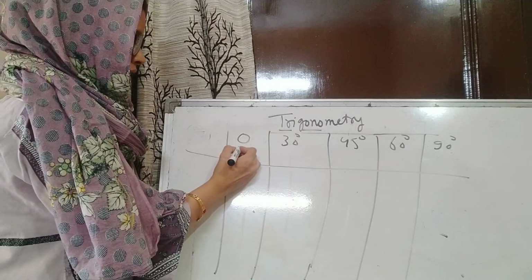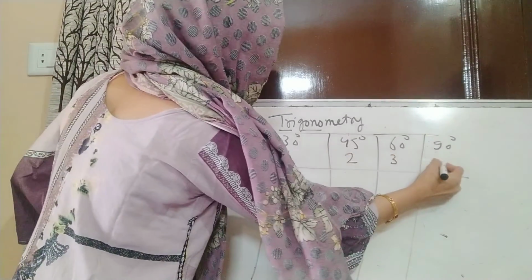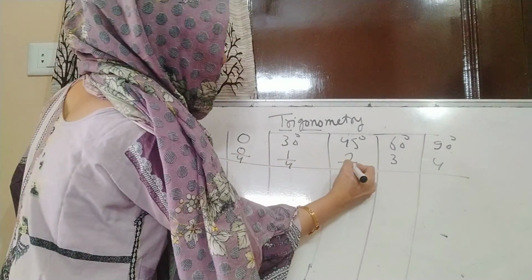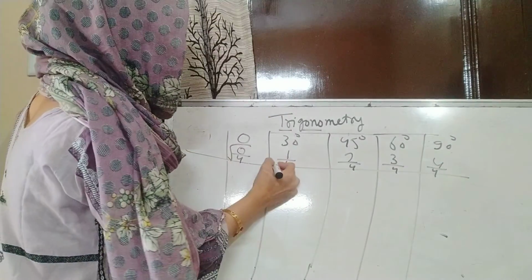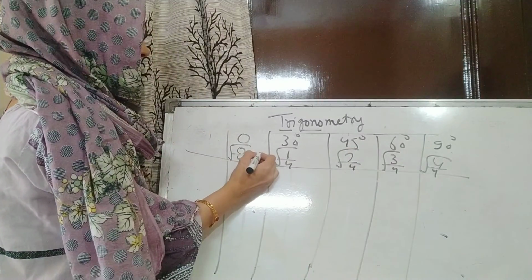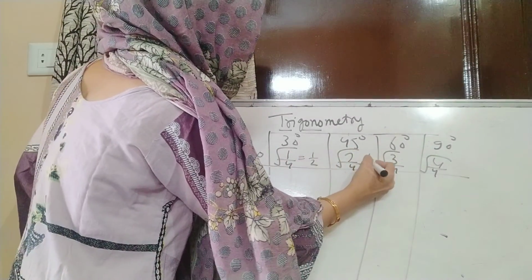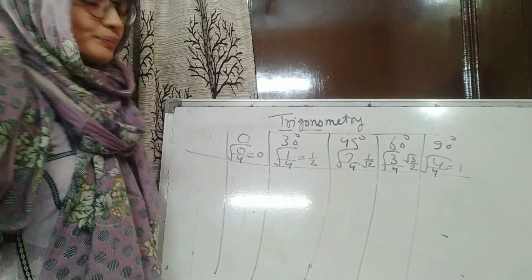First we will write the numbers from 0 to 4: 0, 1, 2, 3 and 4. Now let us divide these numbers by 4 and take the square root. So this will be 0, this will be 1 upon 2, this is 1 upon root 2, this is root 3 upon 2, and this is 1.